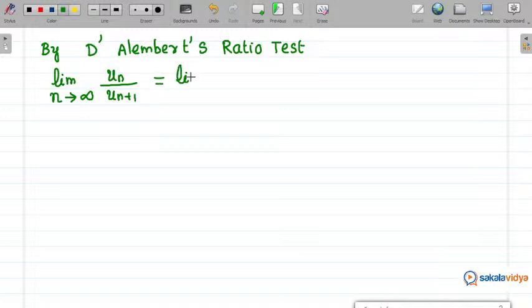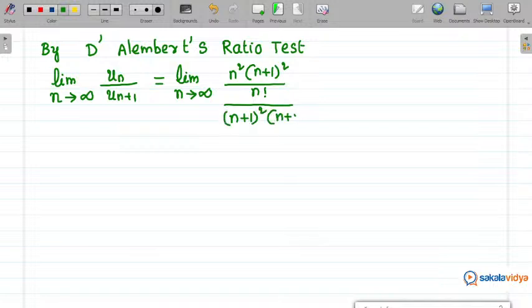So, limit n tends to infinity un. What does un stand for? That is n square n plus 1 whole square divided by n factorial, by un plus 1, that is n plus 1 whole square into n plus 2 whole square divided by n plus 1 factorial. Am I right?